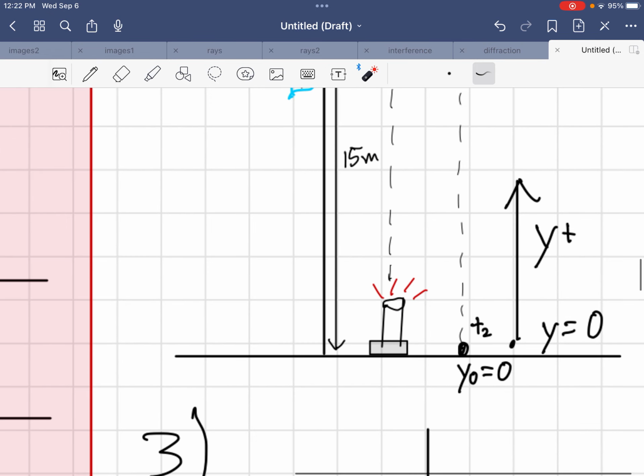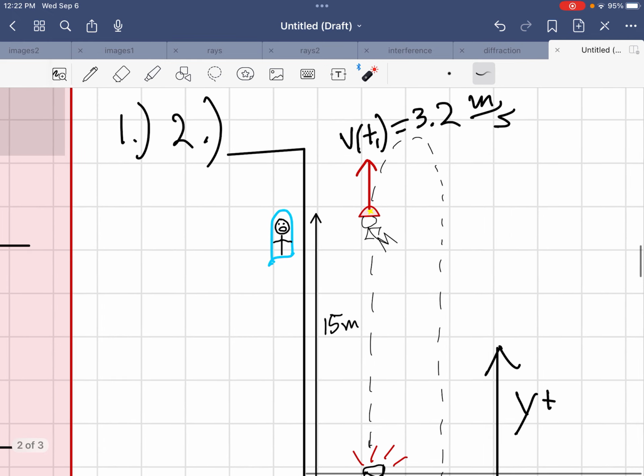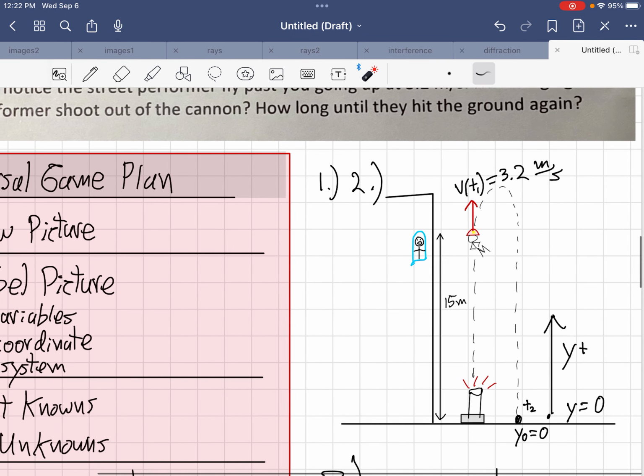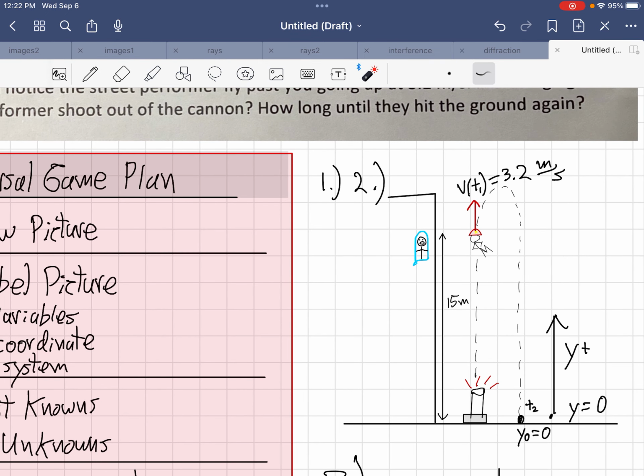I drew a cannon, and here's the Circus Performer flying past, and note that I'm labeling the velocity that he's flying past. I'm also introducing two new times. Time 0 is when the cannon gets launched, and time 1 is when we're flying past the window.